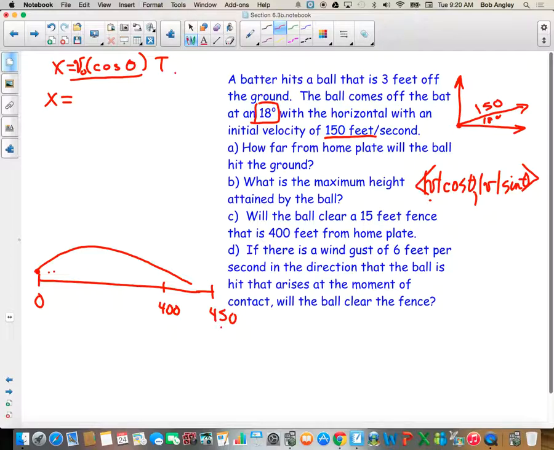So right here, this initial velocity was 150. The angle was 18 degrees, and then we put the t there. Okay, now this 18 degrees is going to need to be in a parenthesis when we put it in the calculator.